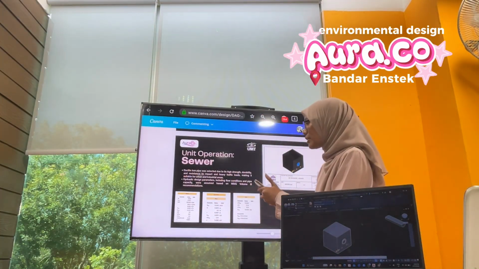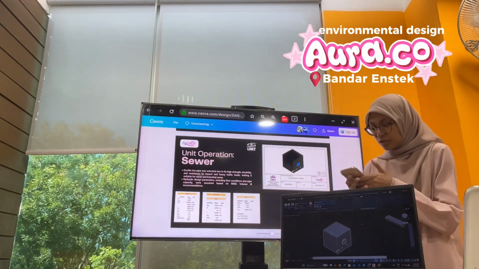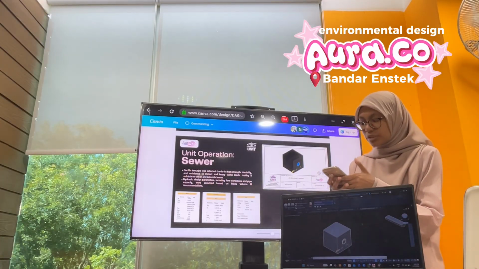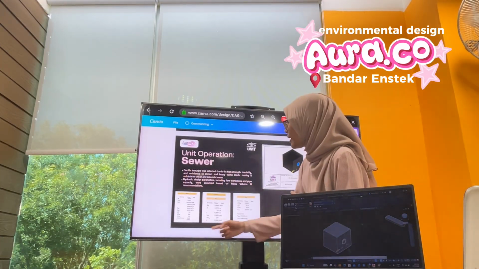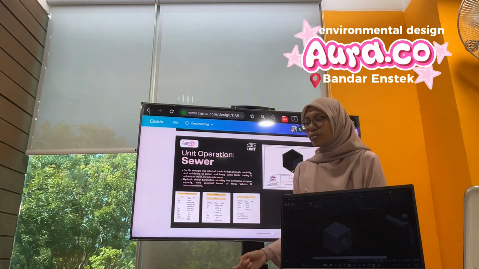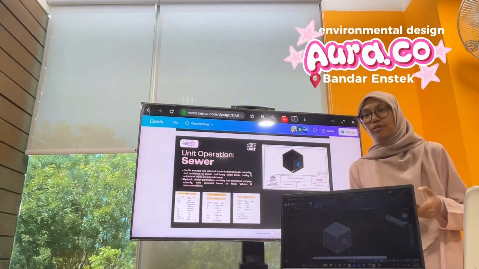D over D full, we use 0.7, which represents a recommended operating condition that ensures efficient flow while preventing surcharge. And then Q over Q full and V over V full, we get based on Manning formula.